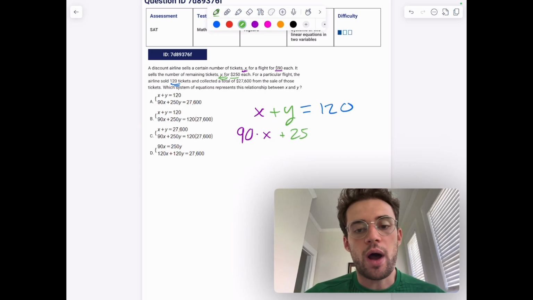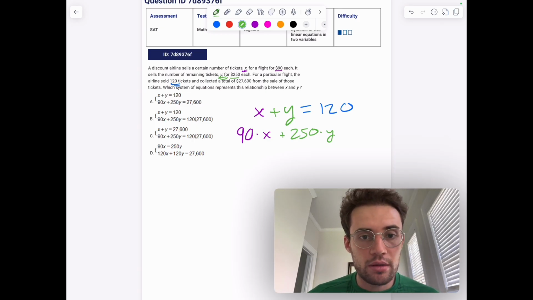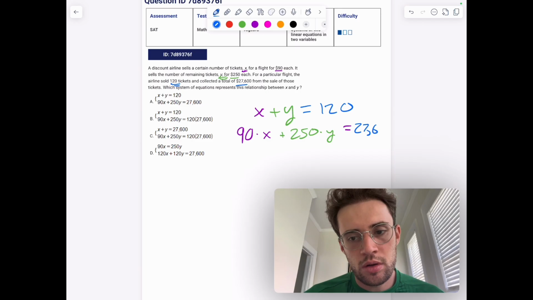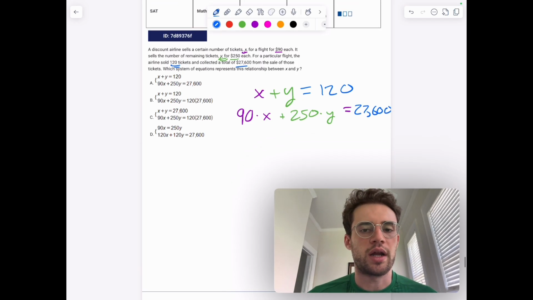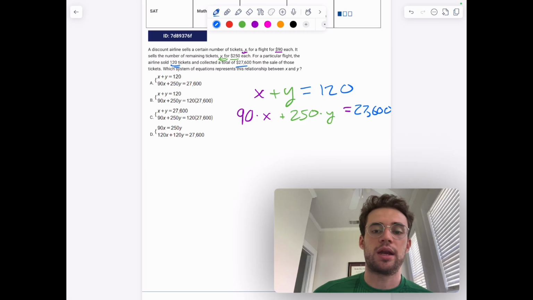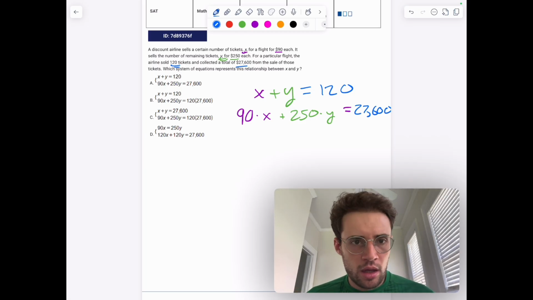So 250Y will give you the total revenue of the remaining, more expensive tickets. And that would add up to the total, which we said was $27,600. Right, so one equation is just the number of tickets with price not included. The second one is incorporating price so we can get the total revenue from it.